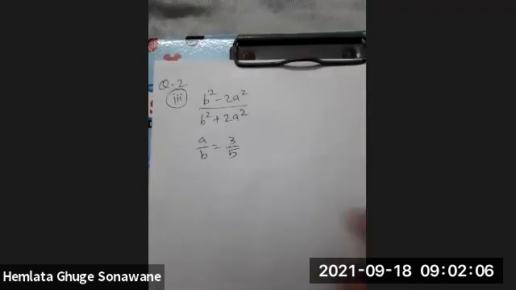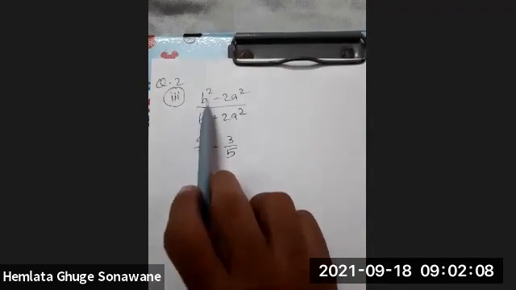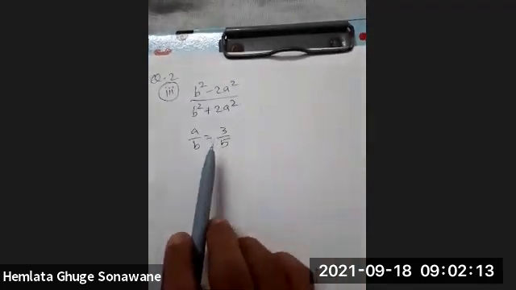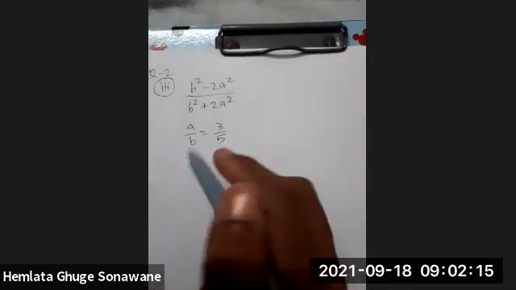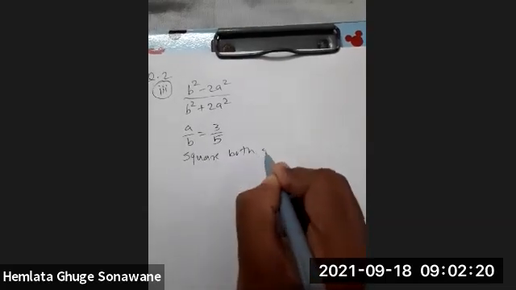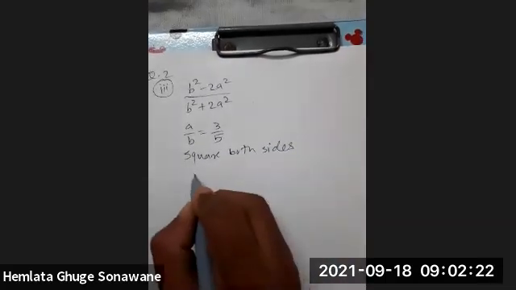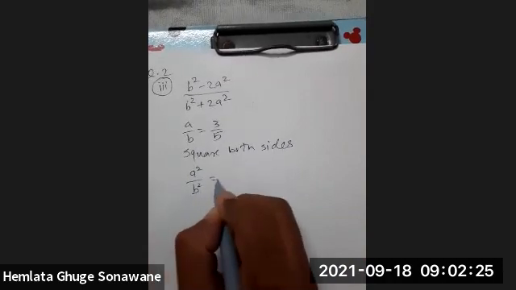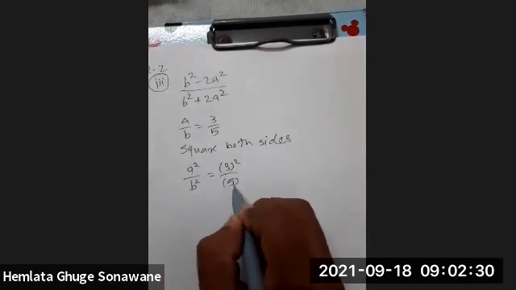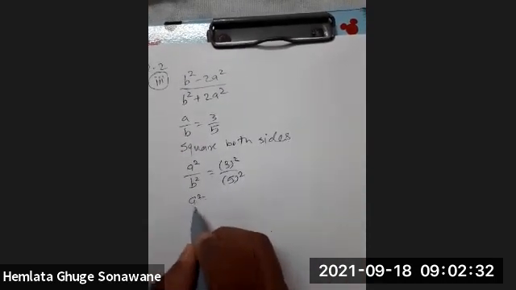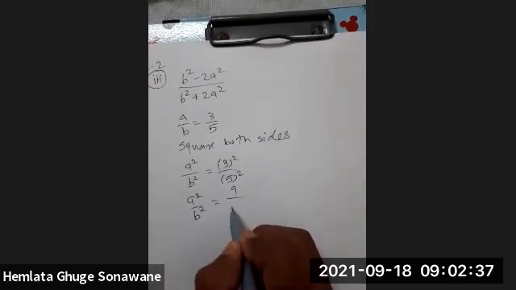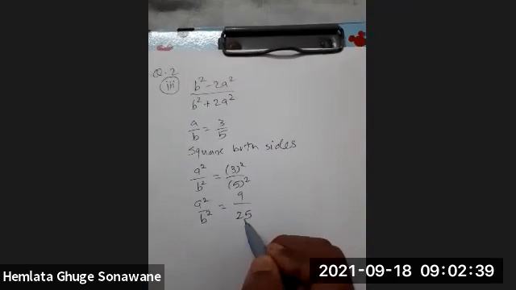Now here you can see in the example that squares are given, b square, a square. So we'll square these terms. Square both the sides. So it becomes a square upon b square is equal to 3 square upon 5 square, that is a square upon b square is 9 upon 25.